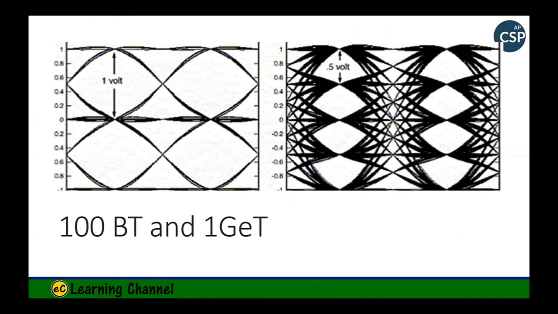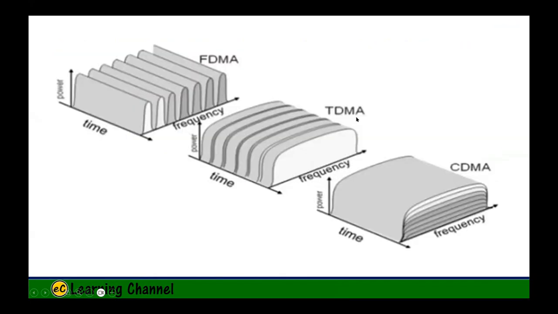The Ethernet may use 100BT, 100 megabit per second transmission, and also may have 1 gigabit with 5-level signaling. This is 3-level signaling. Different standards may use different signaling, but this is the physical signaling.